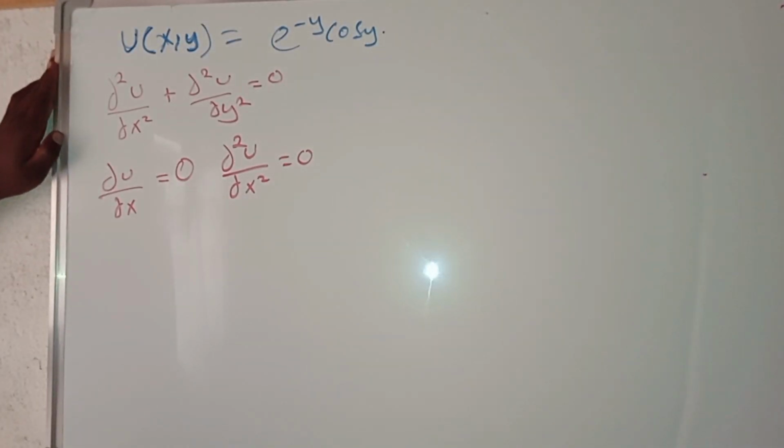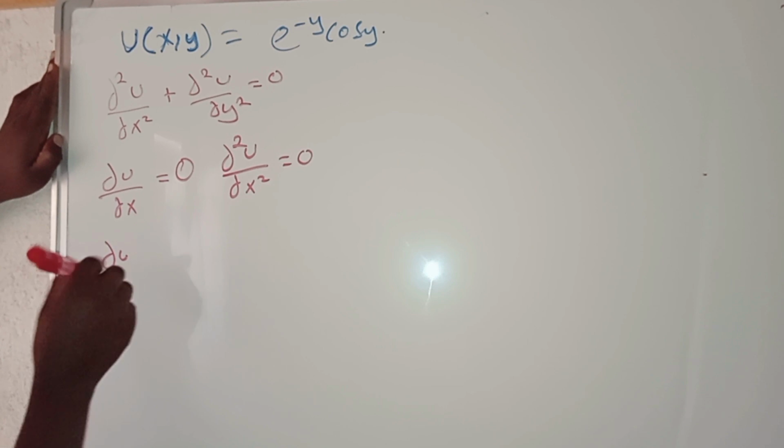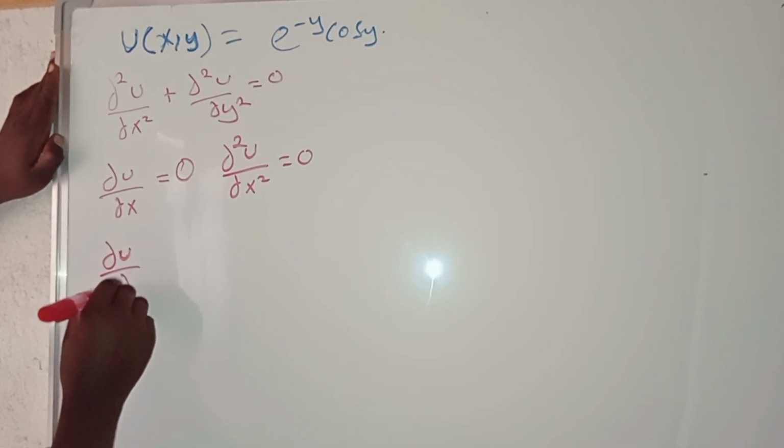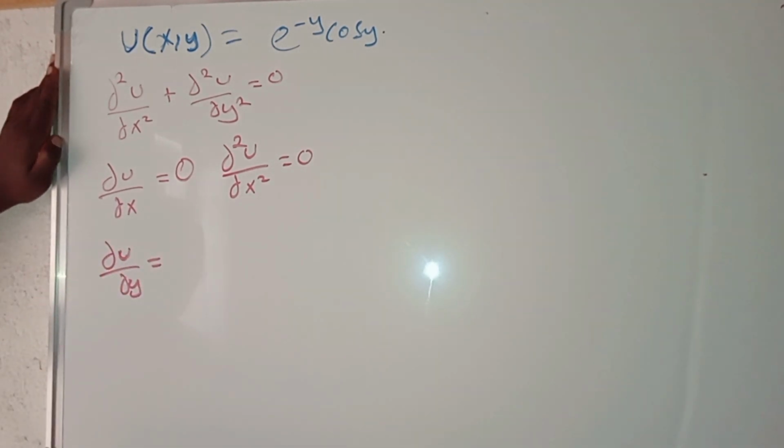So the partial derivative of u with respect to y is equal to, you have two functions, e raised to the power negative y and cos of y. So you use the product rule to differentiate. You differentiate e raised to the power negative y, then you hold cos y, you add the derivative of cos of y, then you hold e raised to the power negative y.